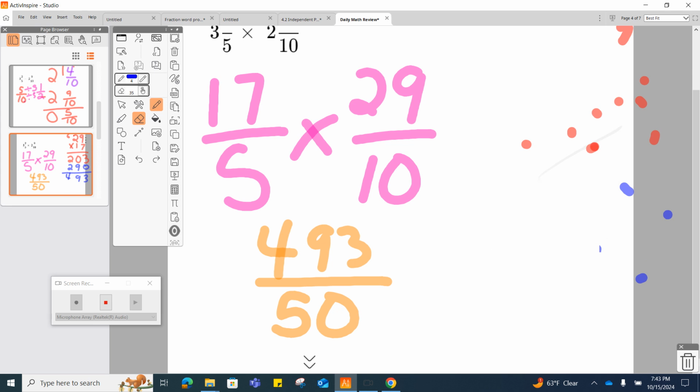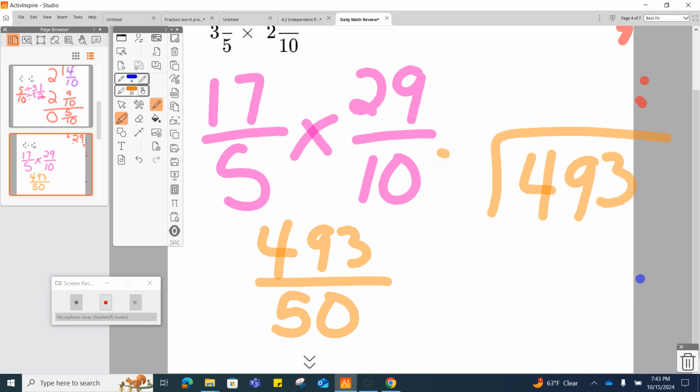And I'm going to say 493 divided by 50. I'm going to look at just the 5 and the 49. 5 is going to go into 49. It's not going to be 10 times, so I'm going to try 9 times.